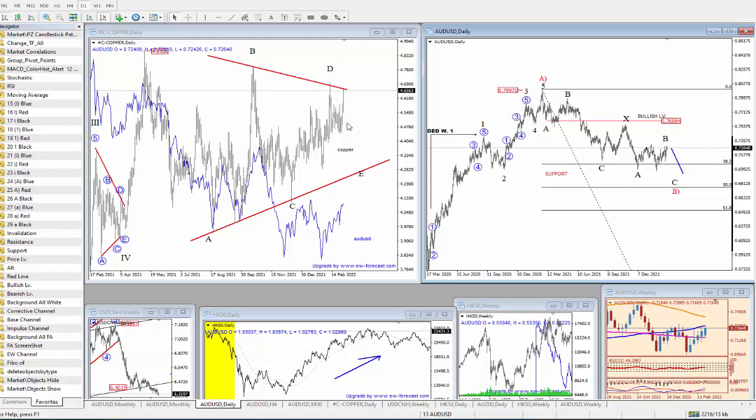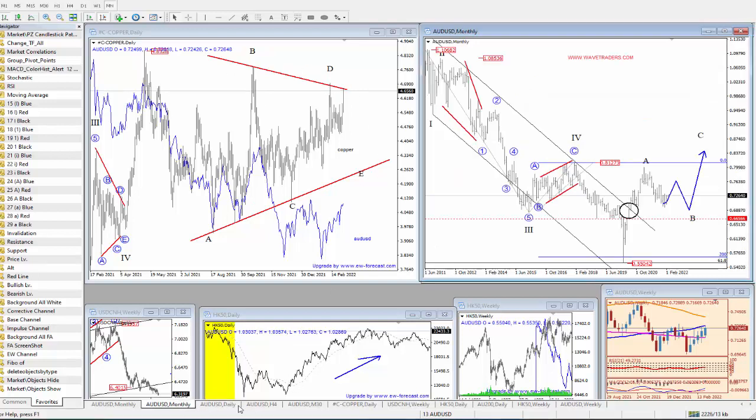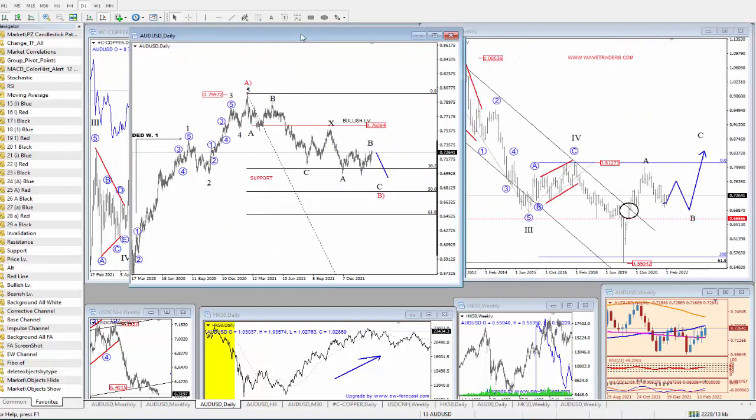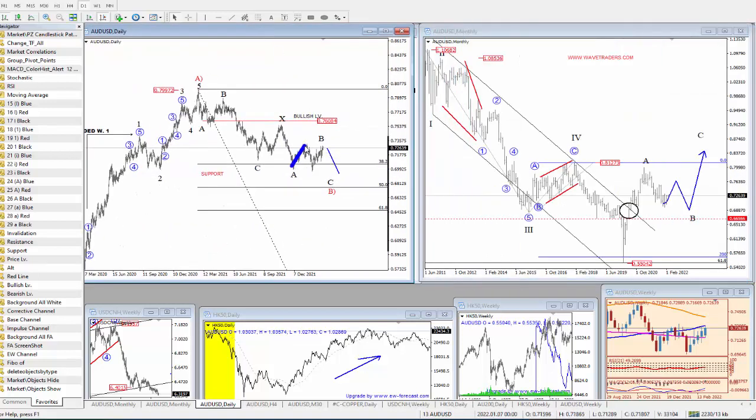We can also see here copper currently trading at the upper trend line, potential resistance here. But looking at the daily chart here on Aussie dollar, I still think that this could be a wave B rally, a counter trend movement, or sideways price action if you want, that belongs to an ongoing 7 swing correction. So I still think that there is a chance for more weakness.